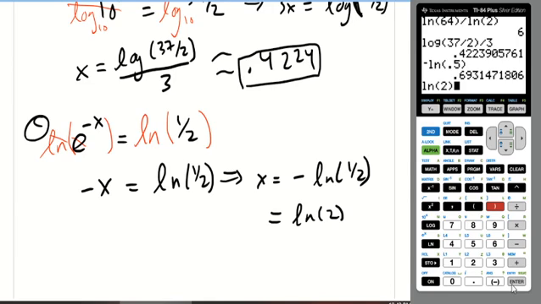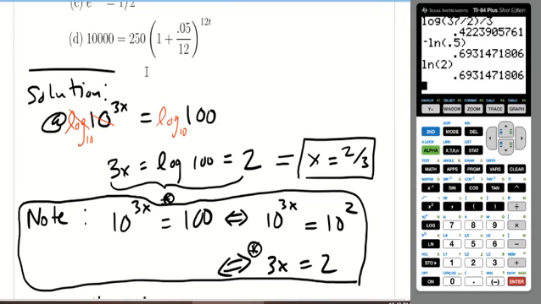So this is a question about how long it takes for an investment of $250 compounded monthly at an annual interest rate of 5% to get to $10,000. Right?